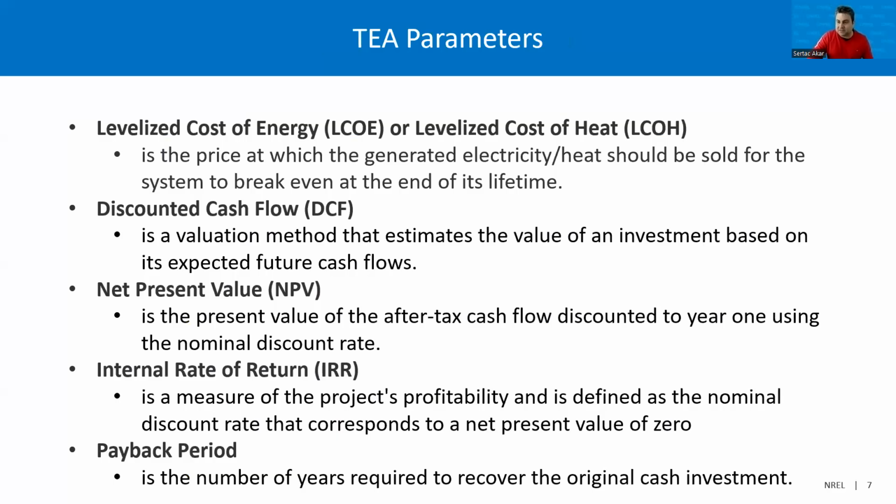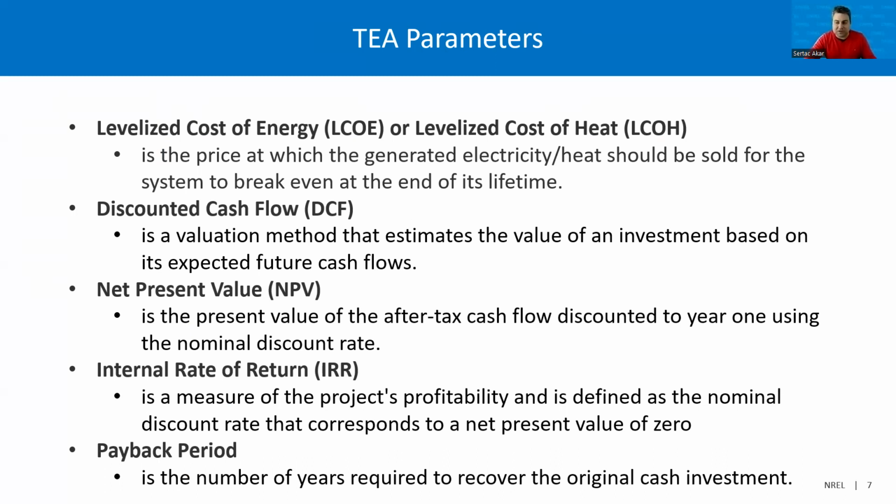So having said that, we talked about these output parameters. The levelized cost of electricity or levelized cost of heat is the price at which the electricity is generated and sold at a certain price, and the system is at the break-even point at the end of its lifetime.